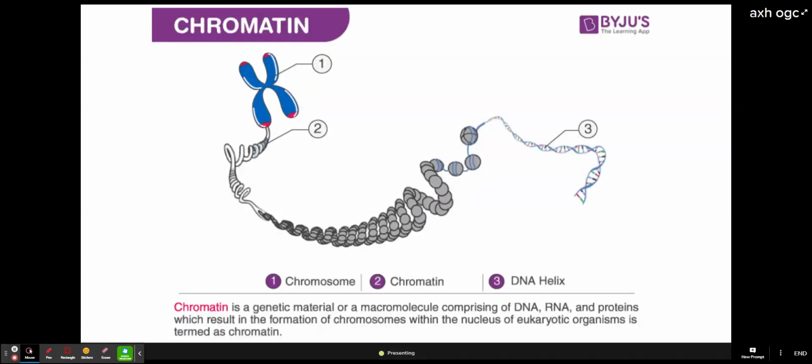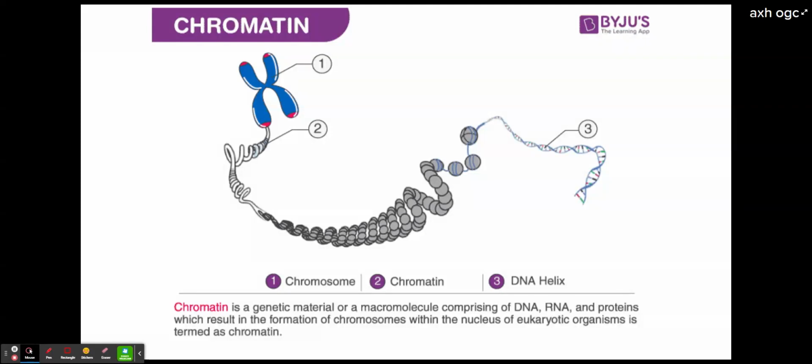So here you see this characteristic X shape. That's not what chromosomes normally look like. It looks like spaghetti, and it only goes to this form when it's getting ready to divide. And the reason for that is you don't want the uncoiled form being pulled to either side to get put into each daughter cell, because you would have damage to the DNA as it's being pulled. The spindle fibers that pull the DNA to either daughter cell are actually the same chemical structure that your muscle cells are made out of.